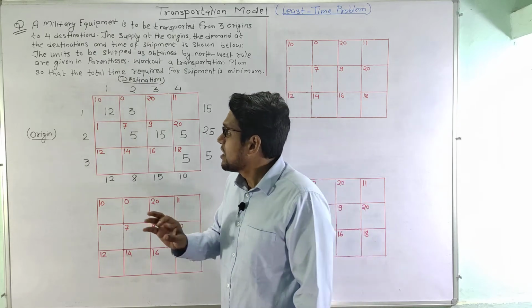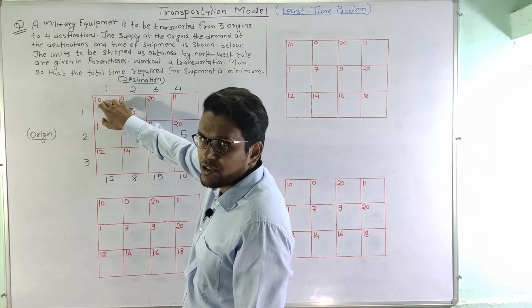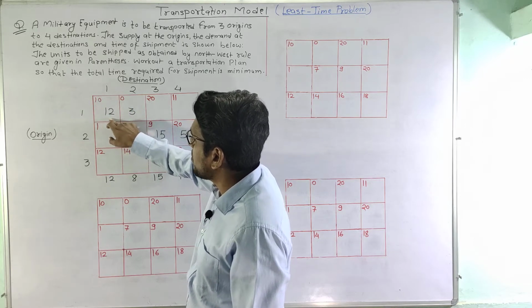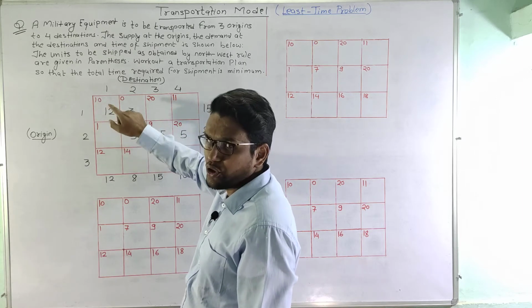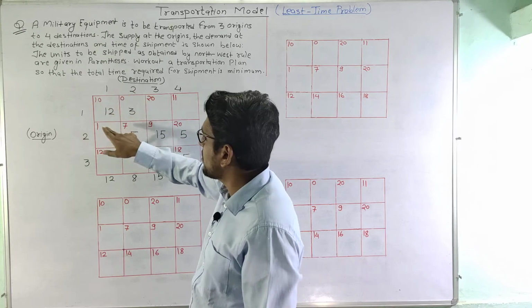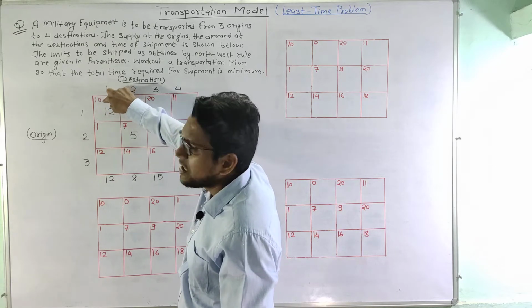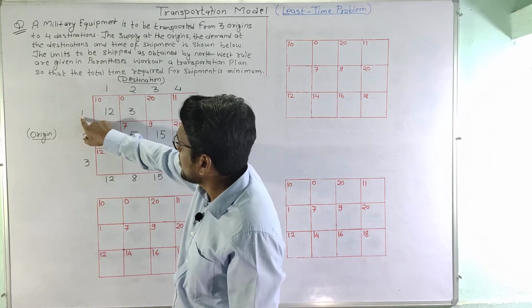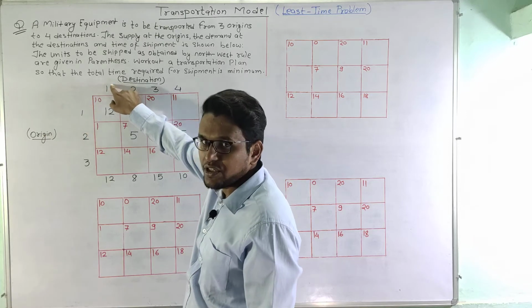That means 10 is the time of shipment, and it does not depend on this 12. Whether there is 1 unit, 2 units, 12 units, 20 units or any number of units, it does not affect the time of shipment. It will always take time 10 from source 1 to destination 1.